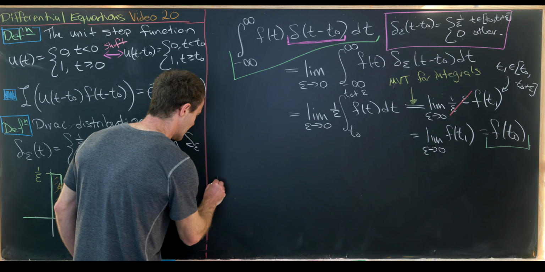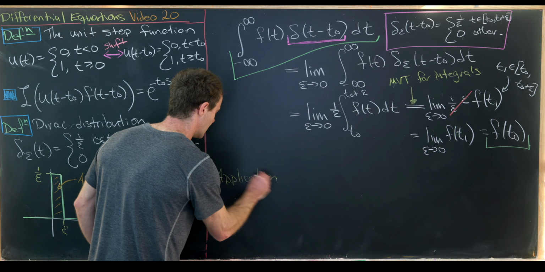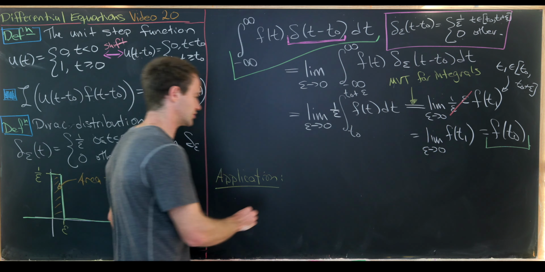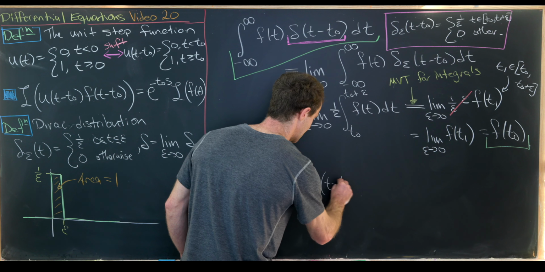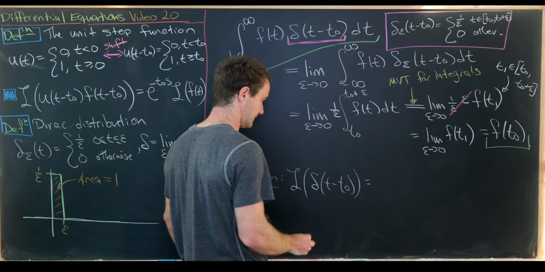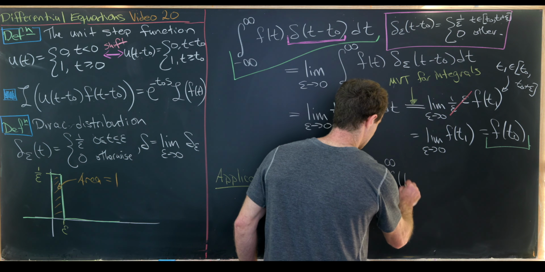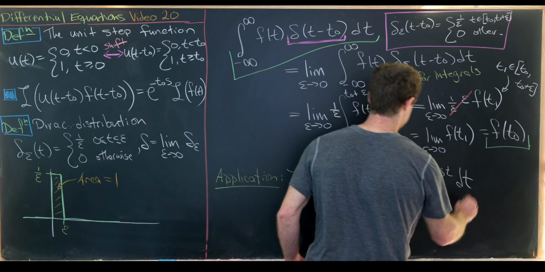But now let's look at a quick application of this to writing down the Laplace transform of the Dirac delta distribution. So if we take the Laplace transform of delta of t minus t0, what do we get? This is going to be the integral from 0 to infinity of delta of t minus t0 times e to the minus st dt.